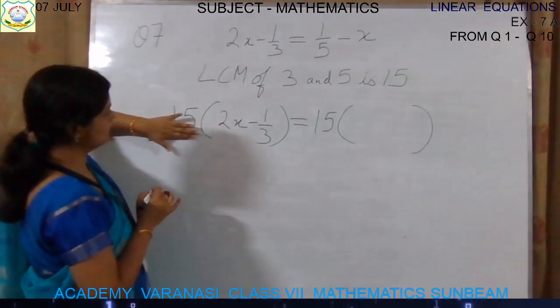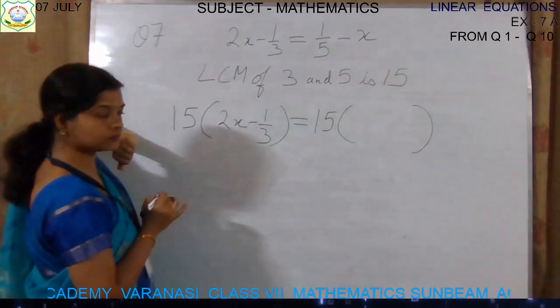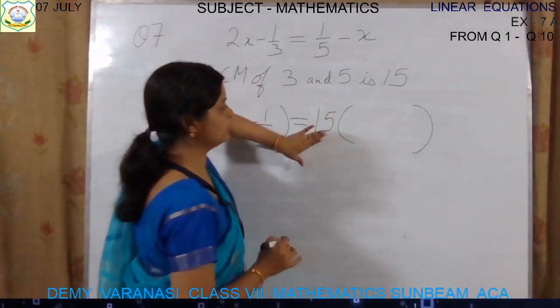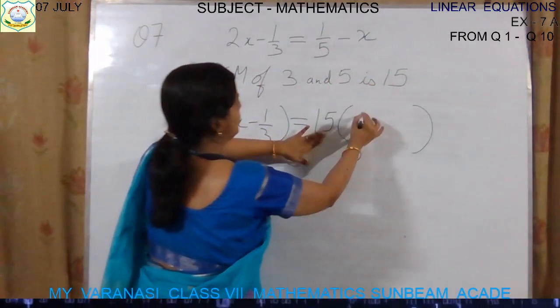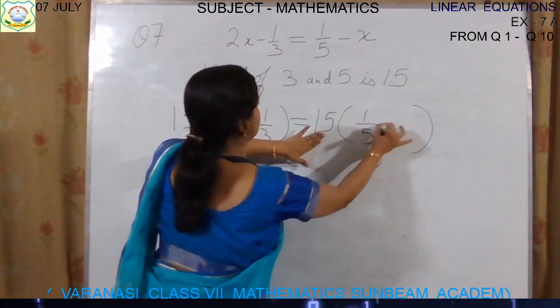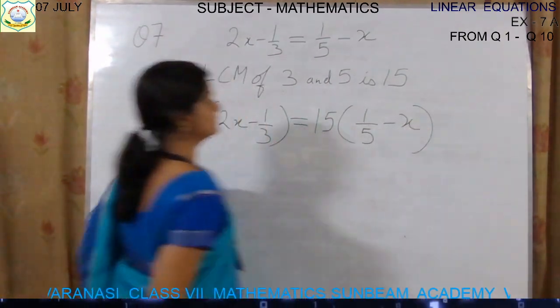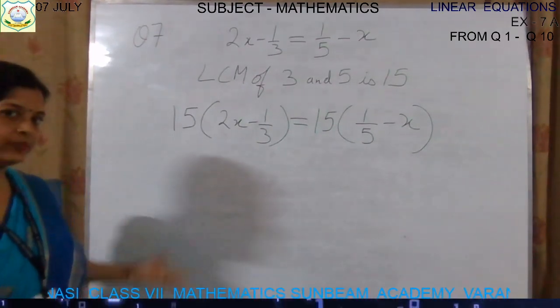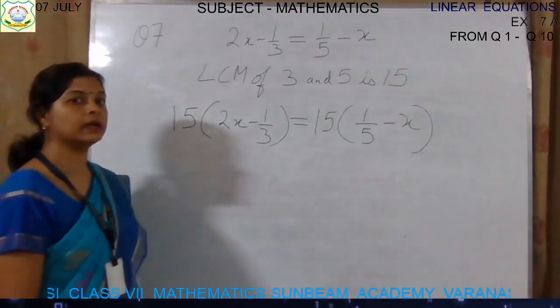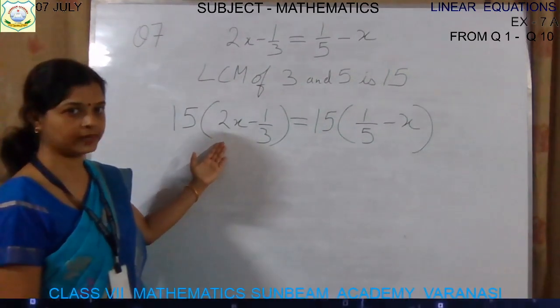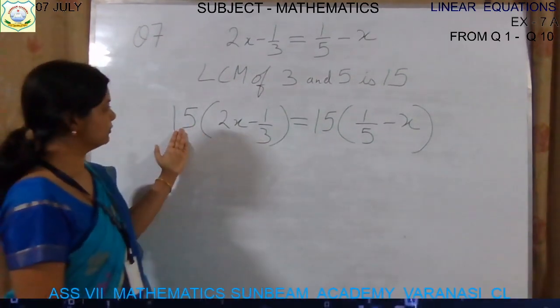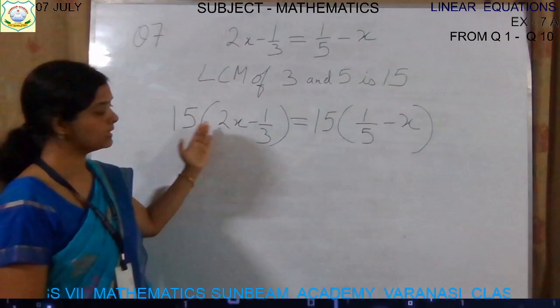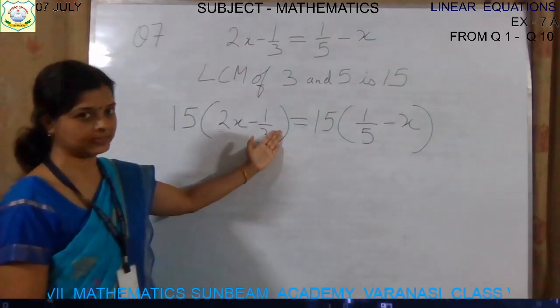Clear? So see, 15 will multiply with this. Then write down the right hand side part, this one. Now children, simplify it as we used to simplify in the earlier cases. How to open this bracket? 15 will multiply with the first term and 15 will multiply with the second term.